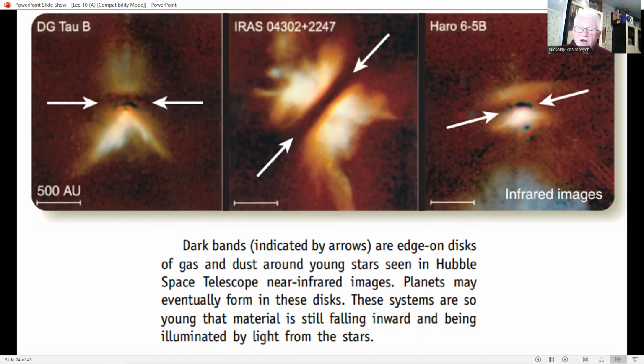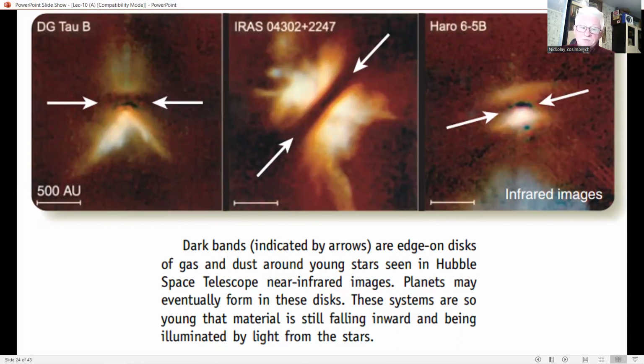dust disks around stars old enough to have finished forming planets. These tenuous dust disks are sometimes called debris disks because they are evidently made of dusty debris produced in collisions among small bodies, such as comets, asteroids, and Kuiper belt objects, rather than dust left over from an original protostellar disk.